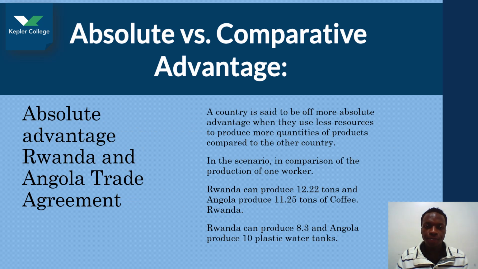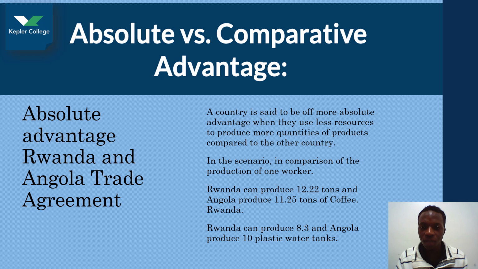And then absolute advantage. Absolute advantage is where, given the same resources, a country can produce a higher amount. In the calculations that I did in MS Word, given that Rwanda uses only one water, Rwanda can produce 12.22 tons of coffee, while Angola can produce 11.25 tons of coffee.